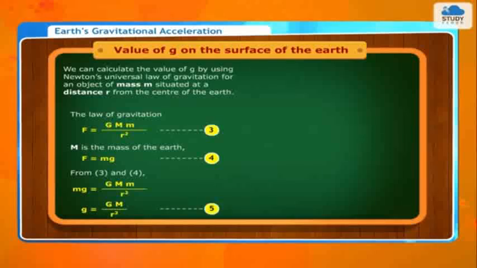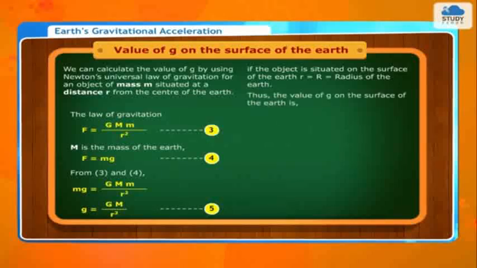If the object is situated on the surface of the earth, r is equal to the radius of the earth. Thus, the value of g on the surface of the earth is g = GM/r², Equation 6. The unit of g in SI units is meter per second squared.